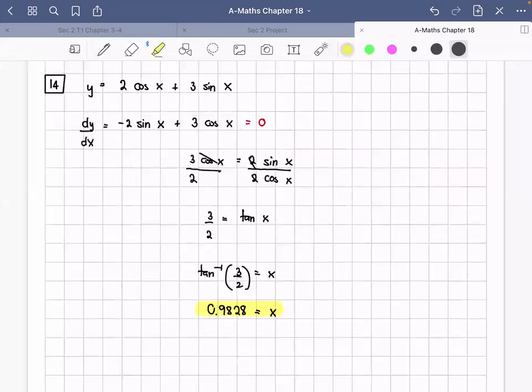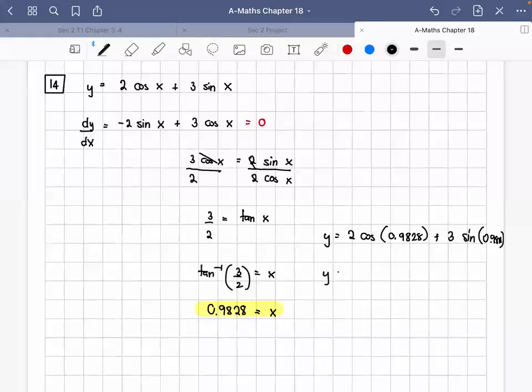So y is equal to 2 cosine of, instead of x, you put 0.9828 there, plus 3 sine of 0.9828 again. Then just type it there on your calculator.